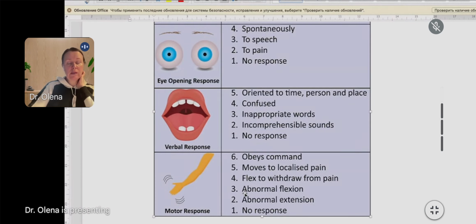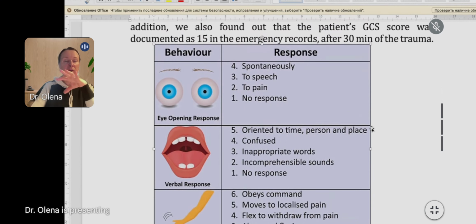And motor response: no response again gives minimal points, and maximal points is when the patient can perform any movements when he or she wants, and these movements are adequate. Our patient had the maximal score. The maximal score which a patient could get is 15, and it means adequate patient condition.